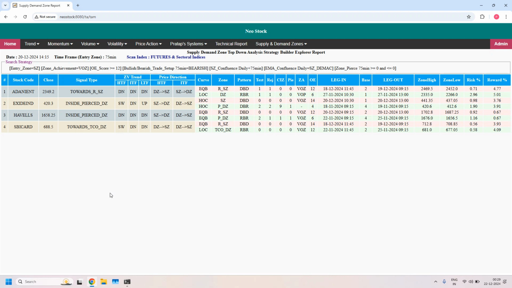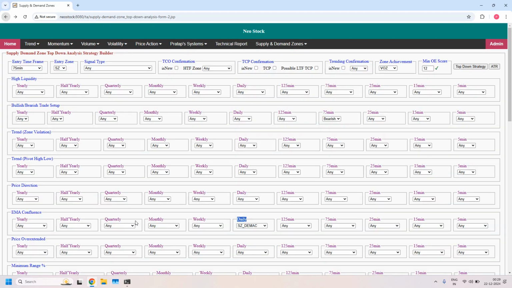Okay, this is about bearish trade setup for weekly income trade, and also based on the strategy LTF and ITF zone confluence and ITF EMA confluence for ITF supply zone. Okay, next let us look for LTF, ITF and HTF supply zone confluence for weekly income trade.